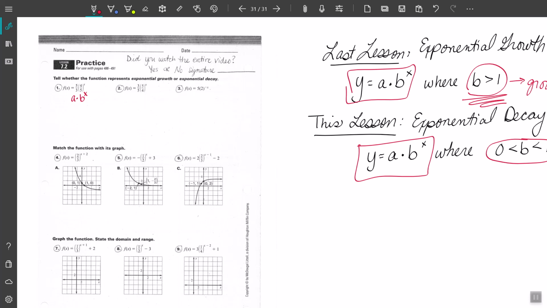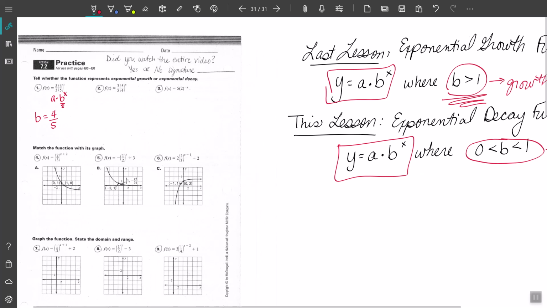So when you're looking for your growth factor, whether it's growth or decay, you're going to be looking for b, whatever b is. So in this case, b is in parentheses there, it's 4/5. And since 4/5 is greater than 0, but less than 1, then we know, based on this definition right over here, that this is going to show decay. So this function, left to right, is going to descend. And you can see an example of that in A and B down here.